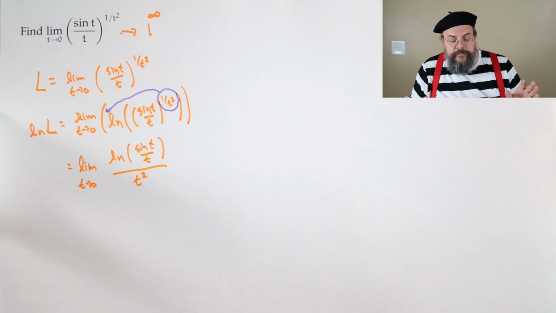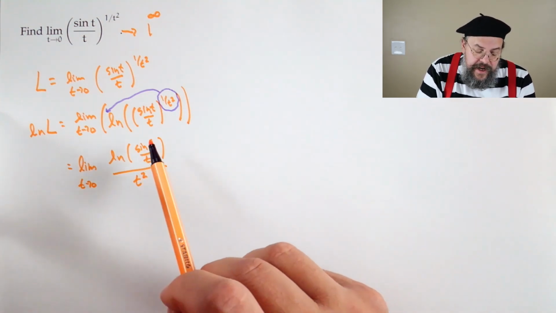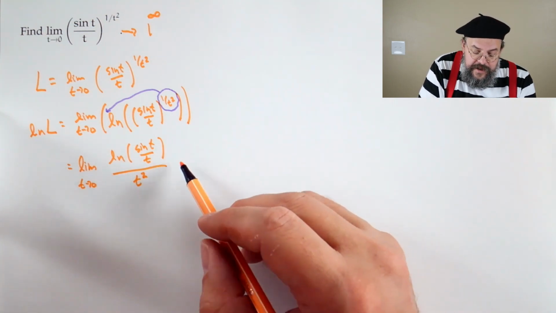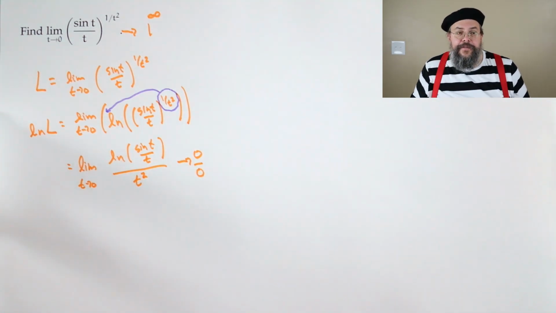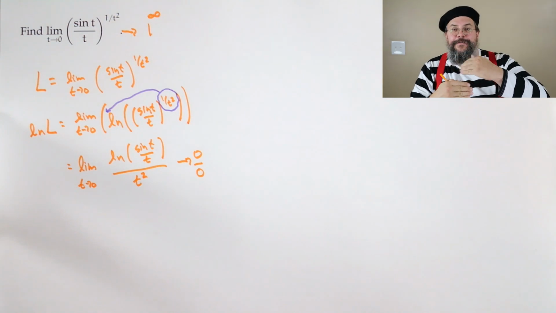Good. Now, what's happening? Well, sine t over t goes to 1, so log of 1 goes to 0. So the numerator goes to 0, and the denominator goes to 0, and therefore 0 over 0, we can apply L'Hopital. We've gone into the fractional form.